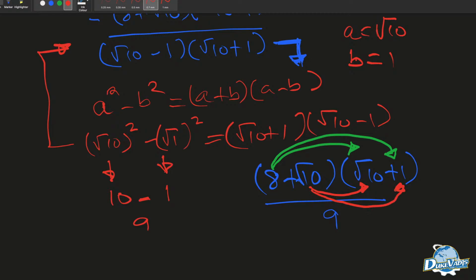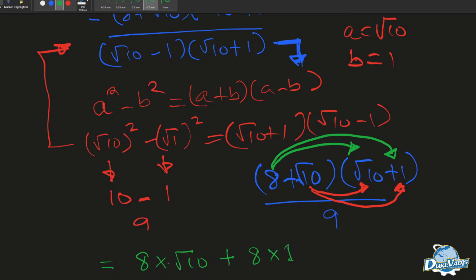Then we write the answers in addition. So when we do that, the first one is 8 multiplying root 10, plus the same 8 multiplying 1.